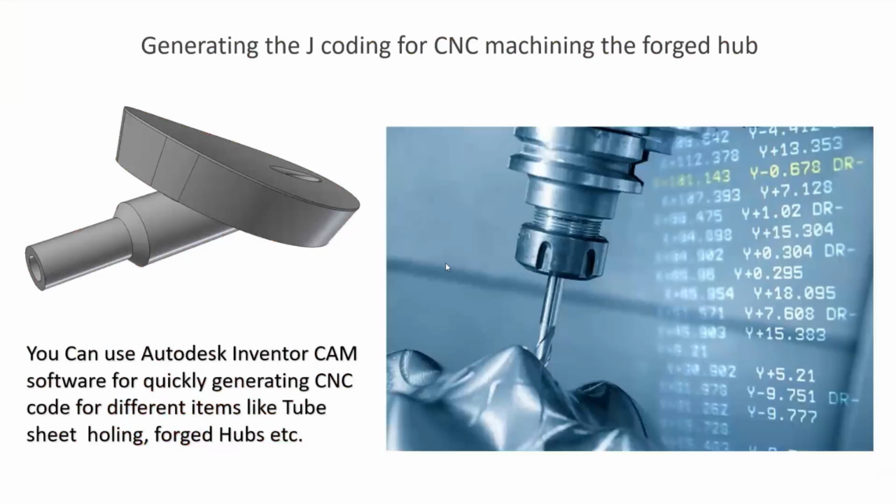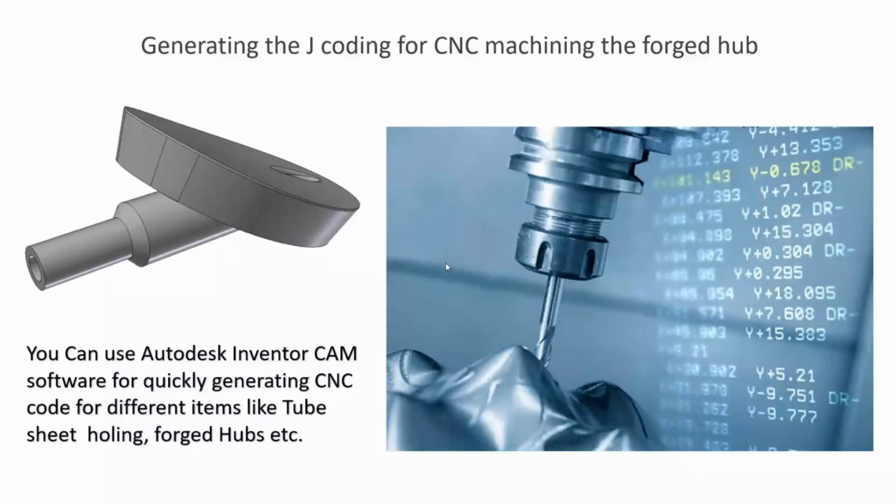And one more important point here, for example, if you have an equipment after 5 or 10 years, you have a repair in this equipment, okay? And one of the forged hubs needs to be replaced, okay? If you depend on just 2D drawings, the fabricator may make something wrong.